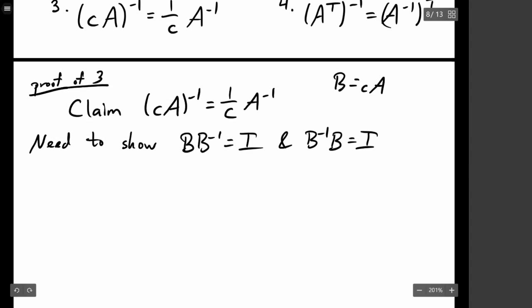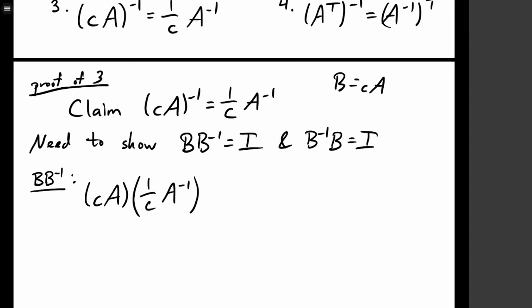So in the first one, what we'd be looking at is C times A times what we claim is the inverse, which is 1 over C times A inverse.